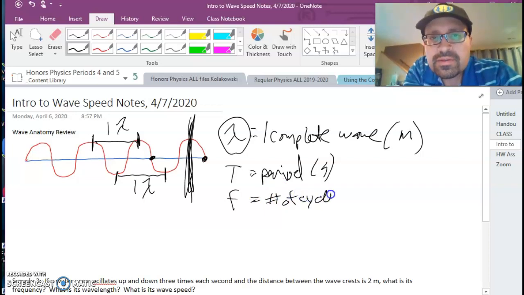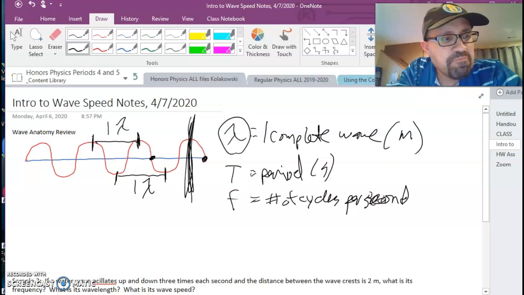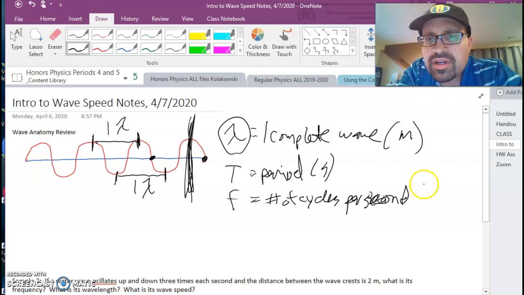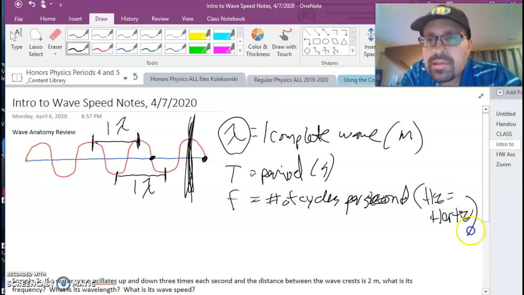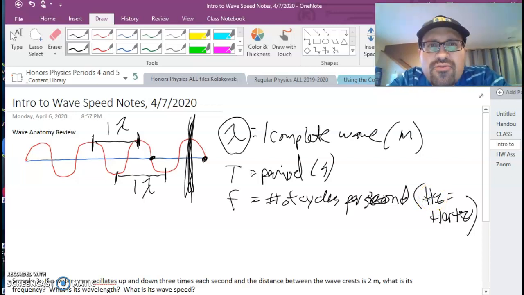It's hard to write on this thing really clearly. Okay, and that says second. We use the unit hertz, Hz, as the unit for cycles per second.